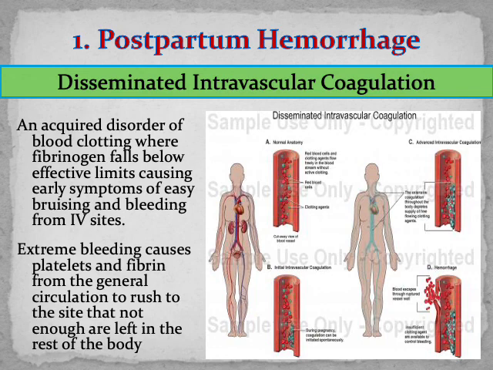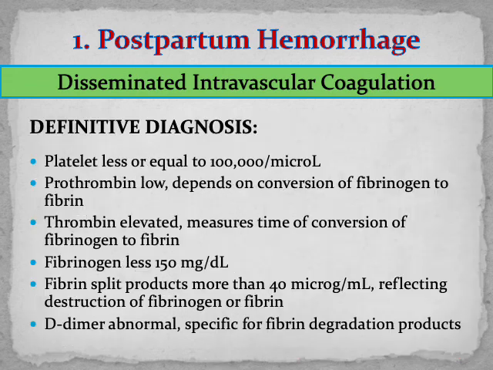Ano ang definitive diagnosis for DIC? So these are the definitive diagnosis. Platelet less than or equal to 100,000 per microliter. The prothrombin is low. Depends on conversion of fibrinogen to fibrin. Thrombin time is elevated. This measures the time of conversion of fibrinogen to fibrin.